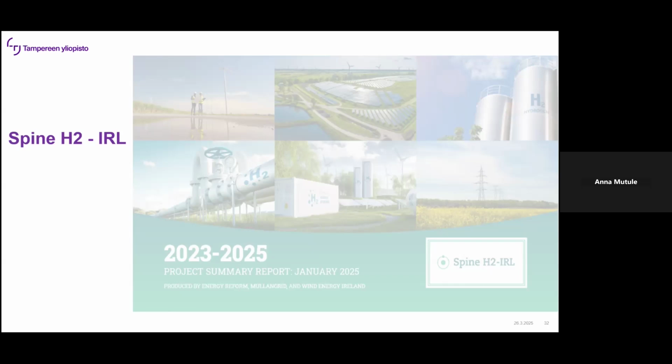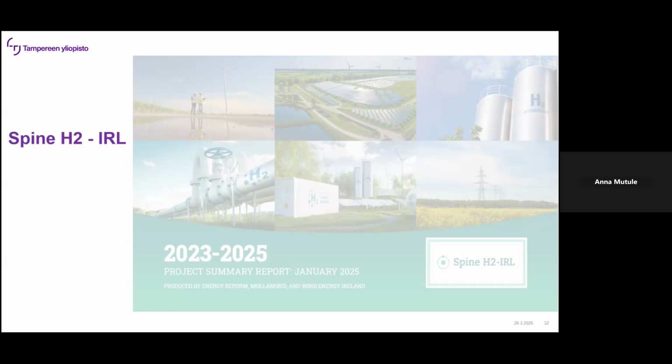And building even more on the technology application, I would also like to present some analysis of the multi-sectoral flexibility as it turns to the ongoing SPINE Hydrogen Ireland project, running from 2023 to 2025.